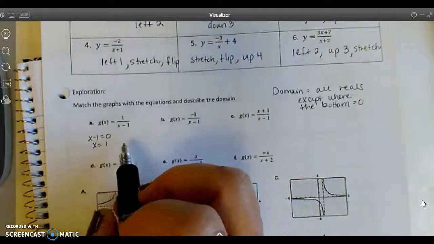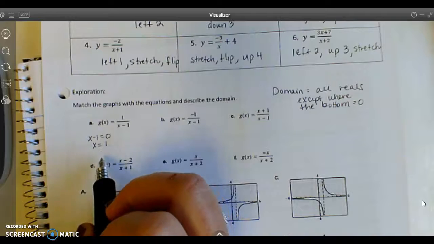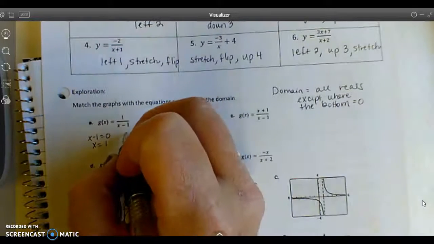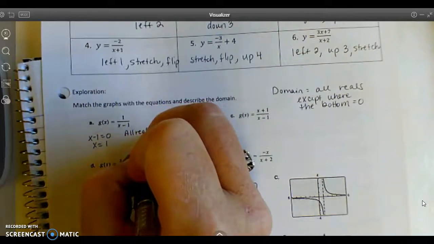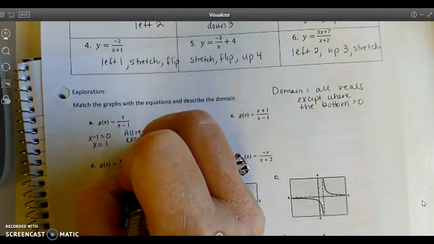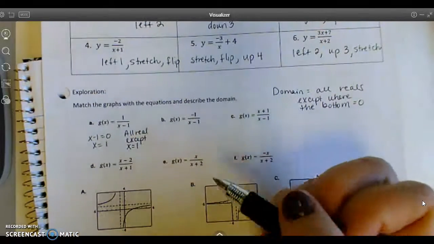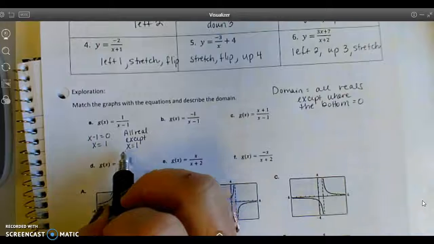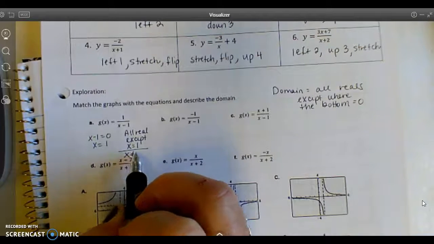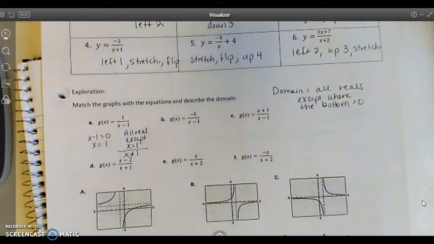So the domain is everything except x equals 1. And you could say all reals except x equals 1. Another way that you could say that is x does not equal 1. You could say it either way.